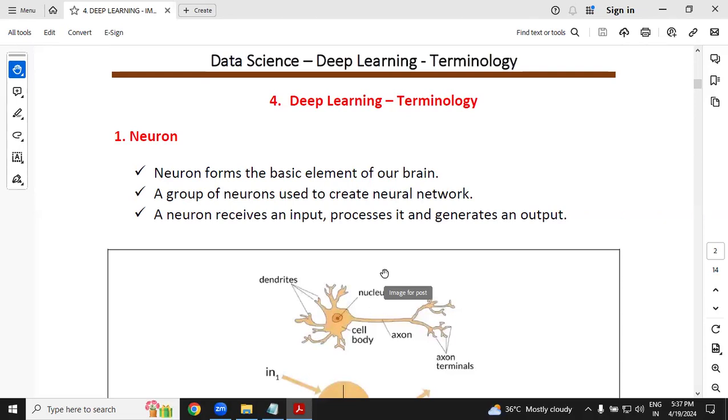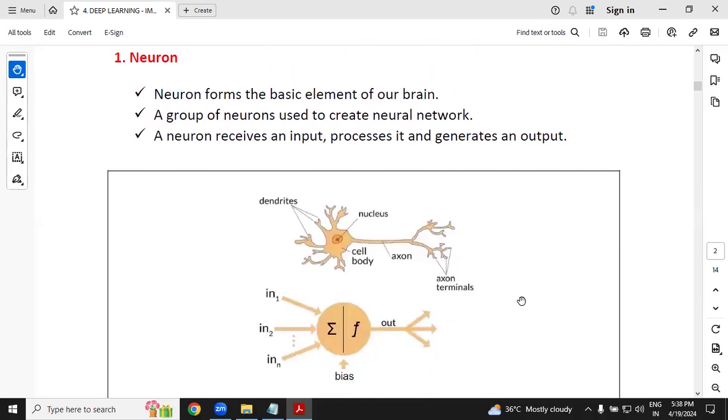Best example, when I'm talking with you, it seems your ears are hearing, but at the back end, neurons are receiving the input and keeping it somewhere. And neurons may forget what you have given at certain points of time also. Did you understand? Good. The neuron forms the basic element of the brain. A group of neurons is used to create a neural network. In my 10th class, I got this diagram to draw. This is very easy.